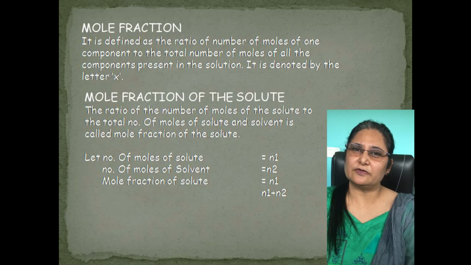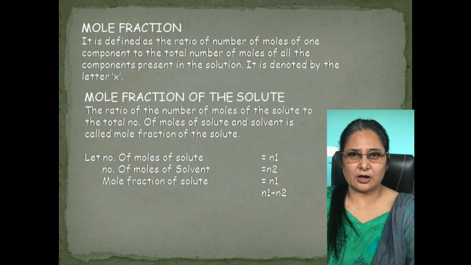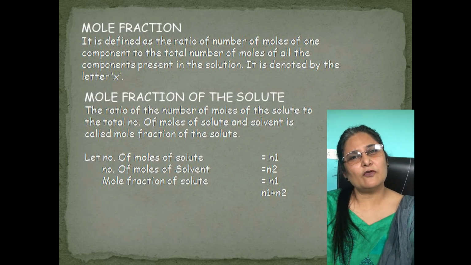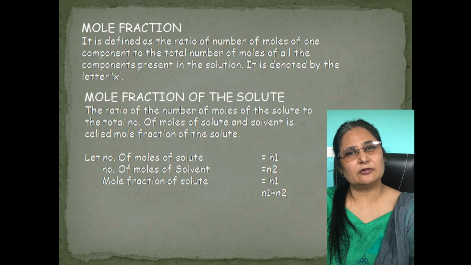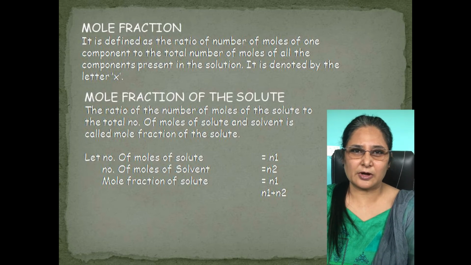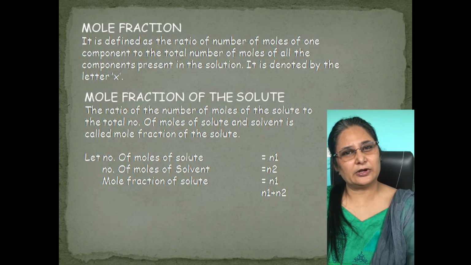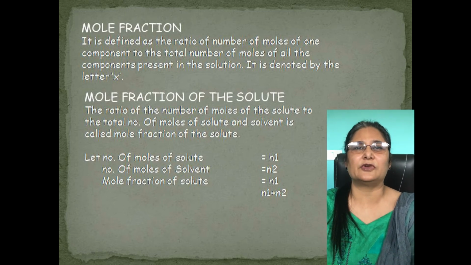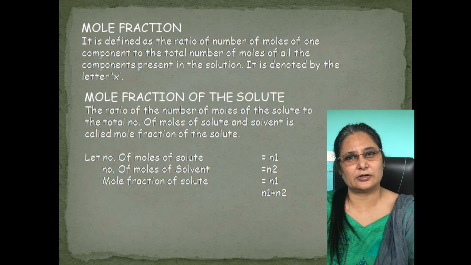So the mole fraction of solute is N1 upon N1 plus N2. Now how will you determine N1? Number of moles is given mass upon molar mass. The number of moles of solvent is also given mass upon molar mass. By calculating the number of moles of solute and solvent, you can determine the mole fraction of any one component.